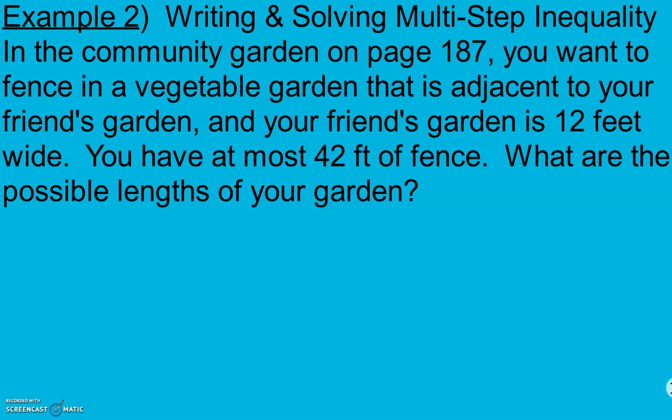So, if our friend's garden is 12 feet wide, we're going to have some garden here. And it's going to go next to our friend's garden, which is over here. And we know that our friend's garden is 12 feet wide, which means our garden also has to be 12 feet wide.